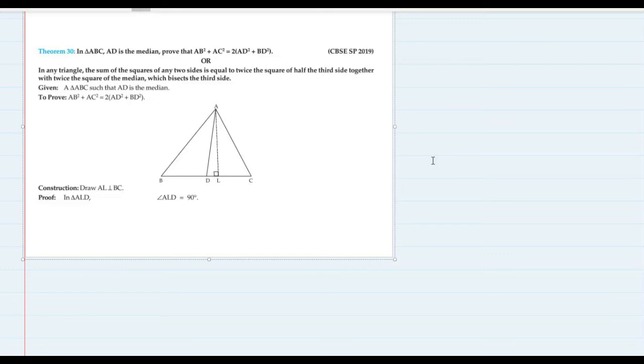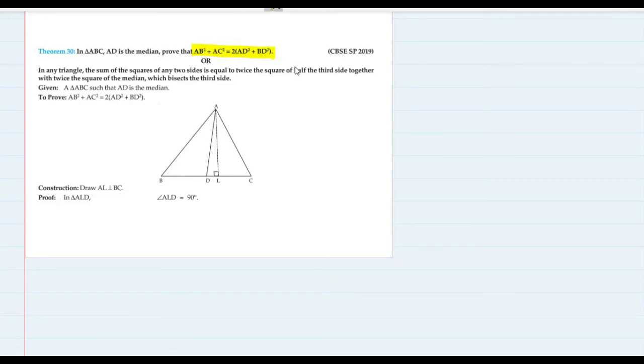Wow, very nice question. In any triangle, the sum of the squares of any two sides is equal to twice the square of half the third side together with twice the square of the median which bisects the third side. Do not even remember this statement, but yes, this can be asked as a mathematical statement like this.